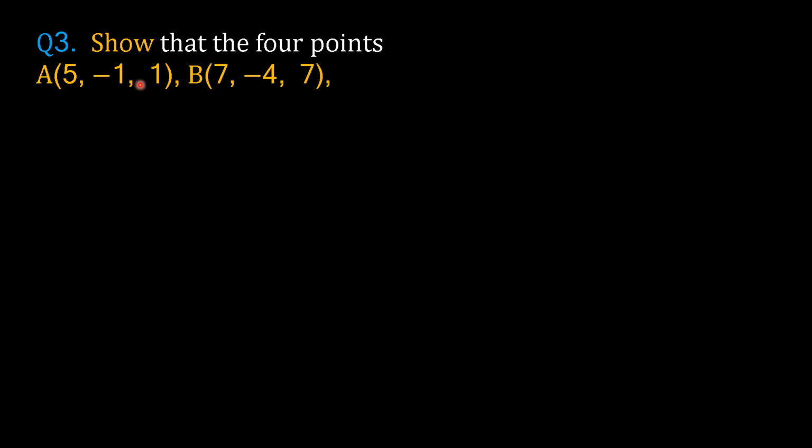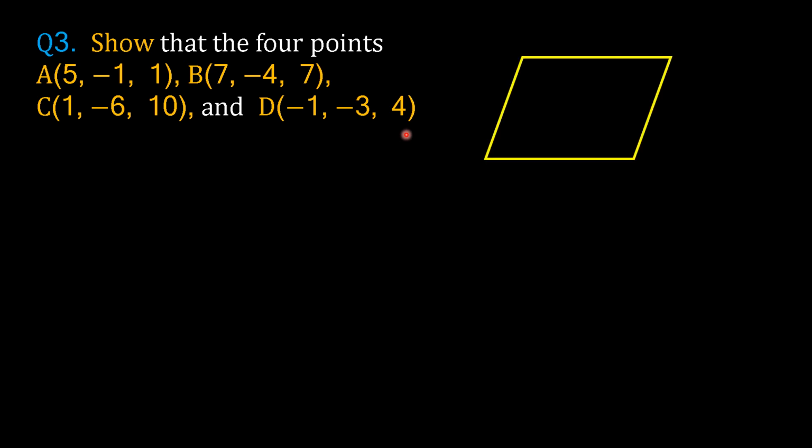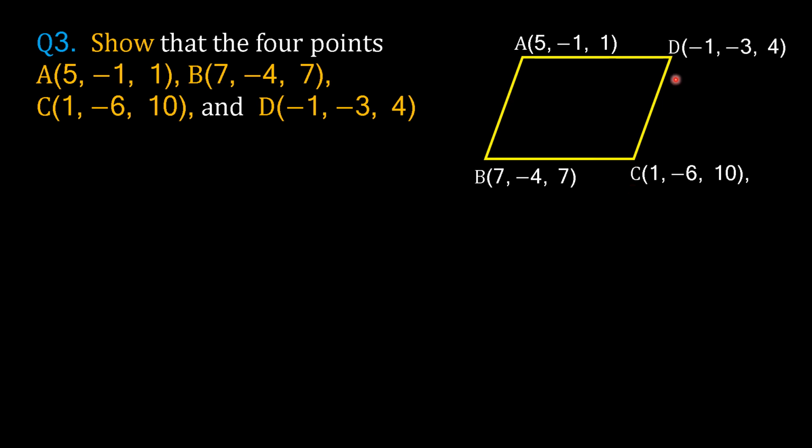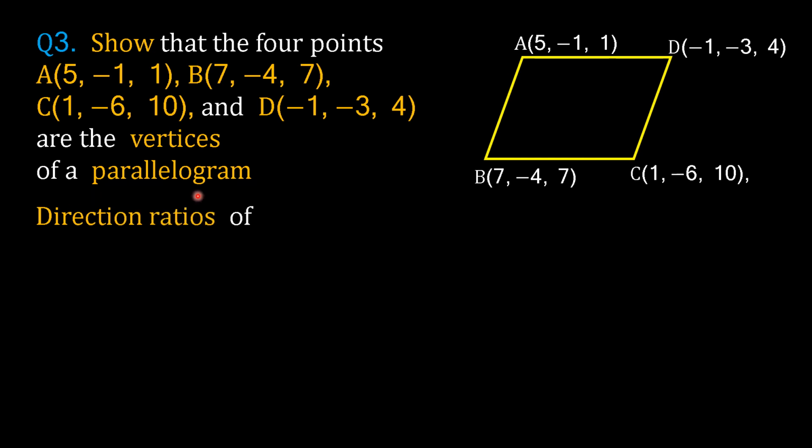In question 3, we have to show that the 4 points A (5, minus 1, 1), B (7, minus 4, 7), C (1, minus 6, 10), and D (minus 1, minus 3, 4) are the vertices of a parallelogram. We will find the direction ratios of the opposite sides of this quadrilateral.